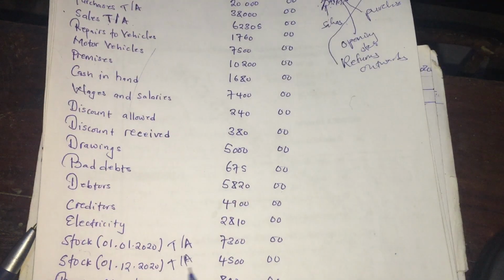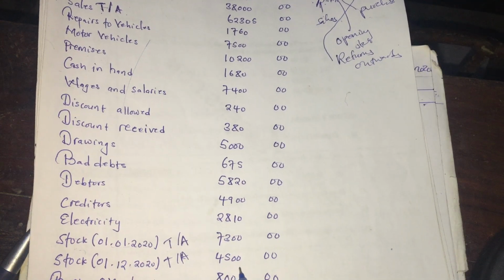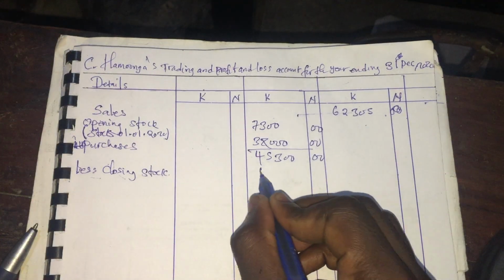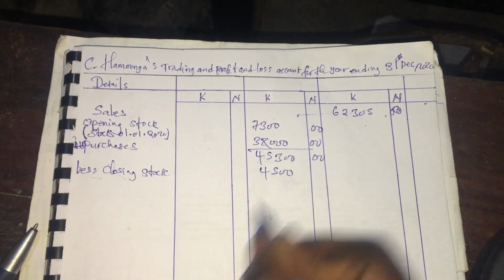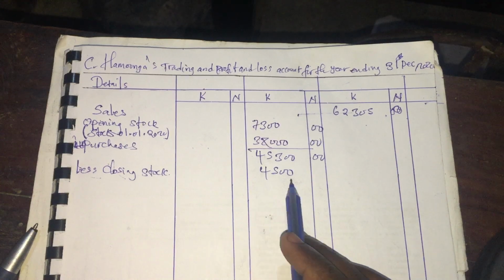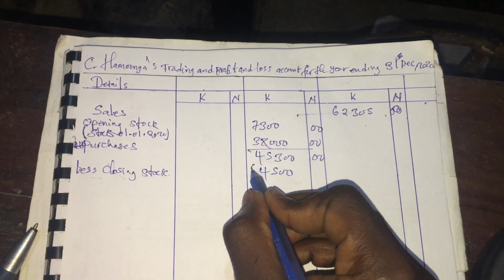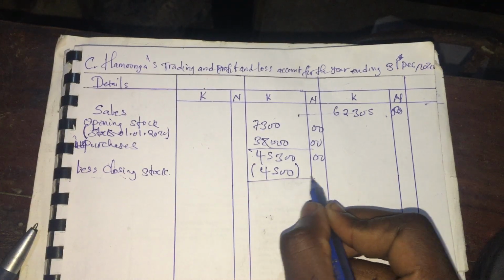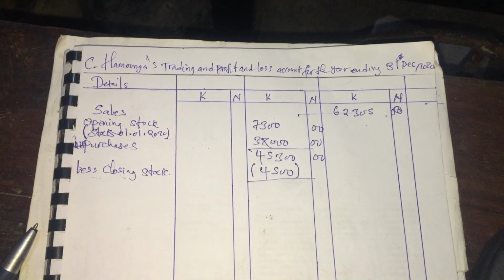This is our closing stock. It's 4,500. To show that you are subtracting, you put this figure in brackets. The bracket simply means we are subtracting.